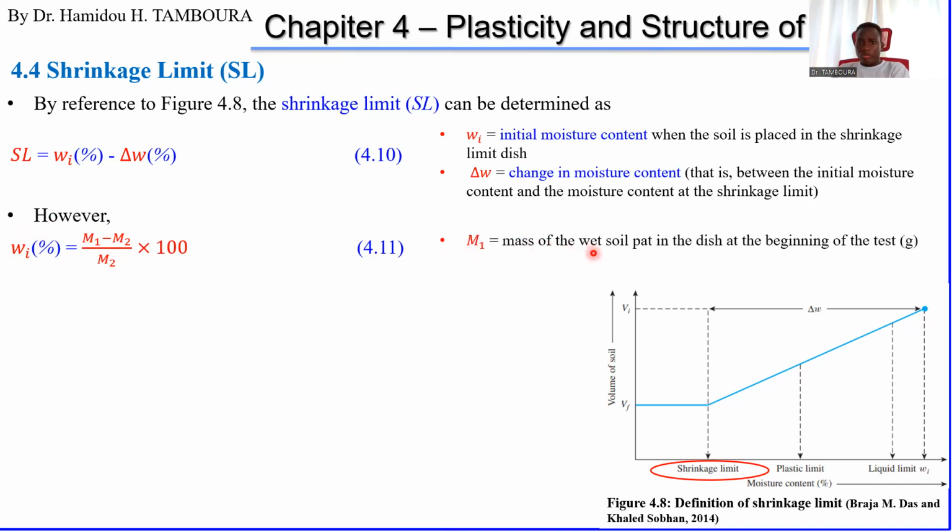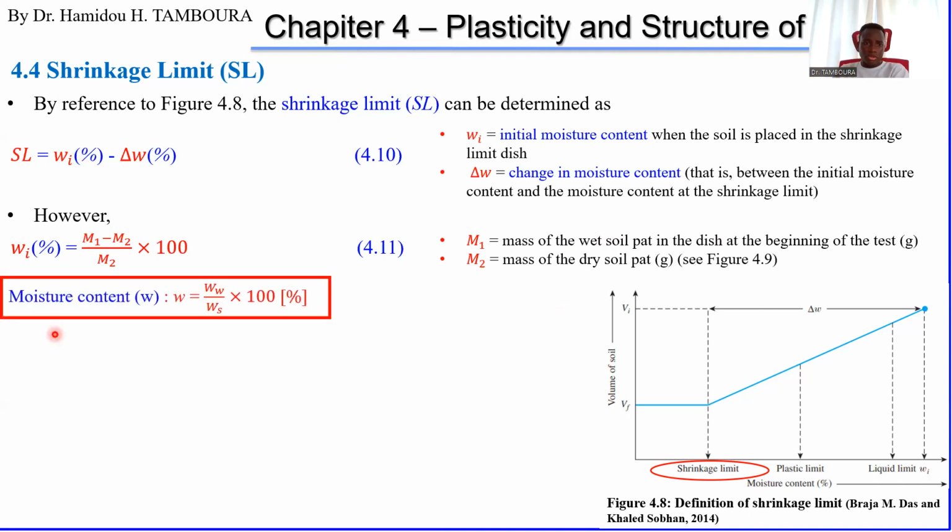It is the mass of the wet soil in the dish, the mass at the beginning, and M2 is the mass at the end, the mass of the dry soil. Okay, if you remember this formula, we have talked about it maybe in chapter 3.